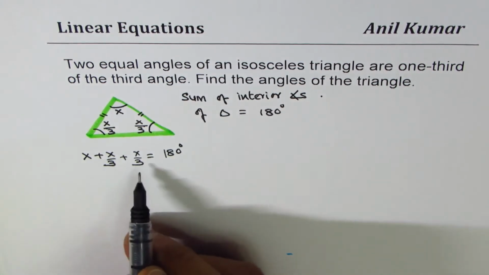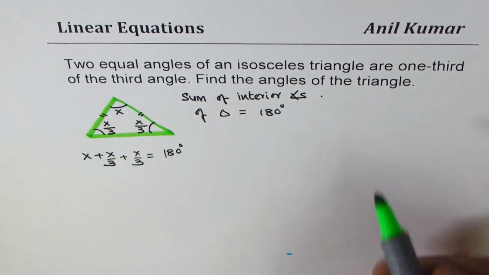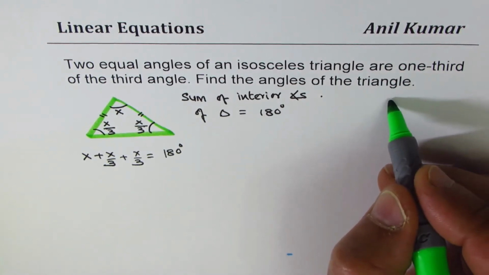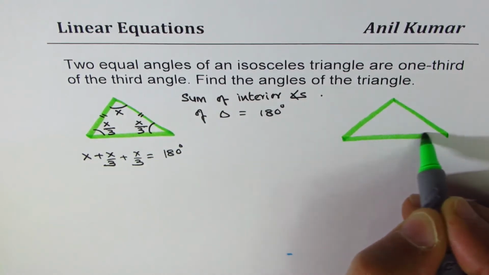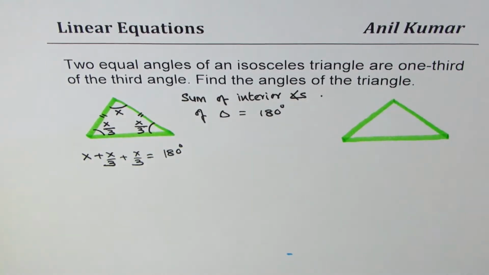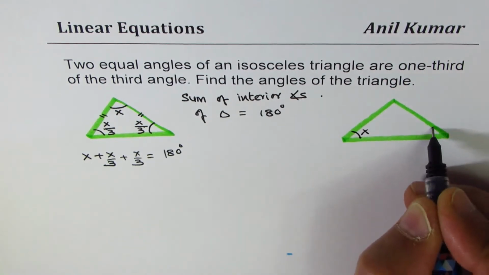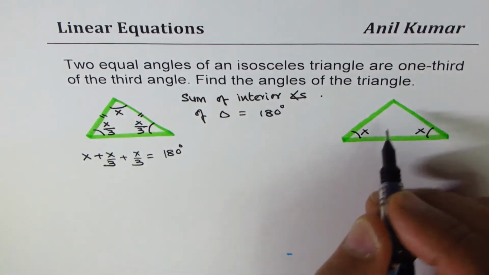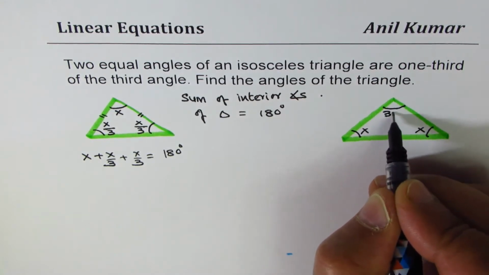This involves fractions, and at times it could be difficult for you to solve, right? So you could have an alternate way also. You could think about a triangle whose angles are, let's say if I keep this as x, right? Then what will be that angle equal to? 3 times x.